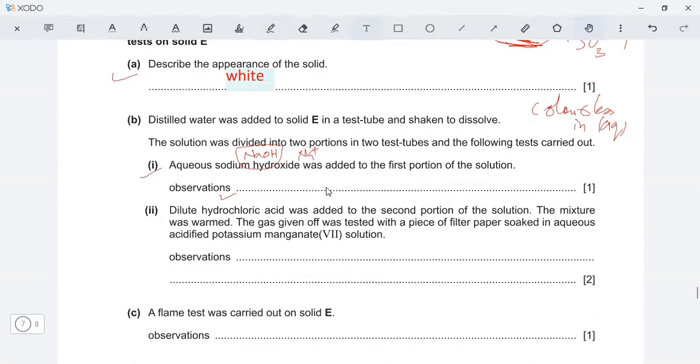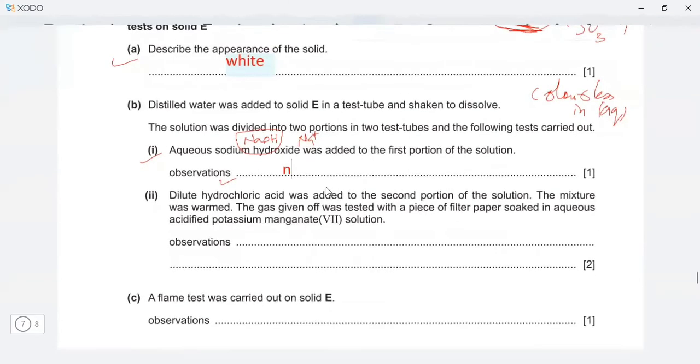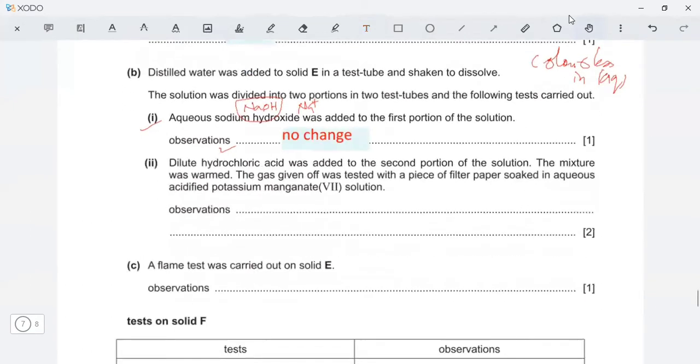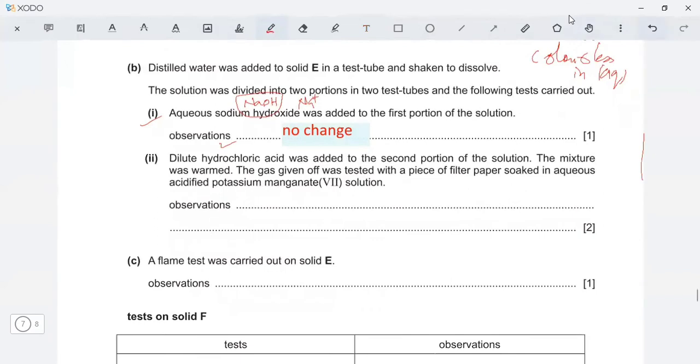There will be no change, because there is the same cation, Na+ and Na+. Na+ is present in the solid, whereas you are adding sodium hydroxide as well, so there are similar ions. So no change has taken place. Just write no change. Clear? Now the next one.